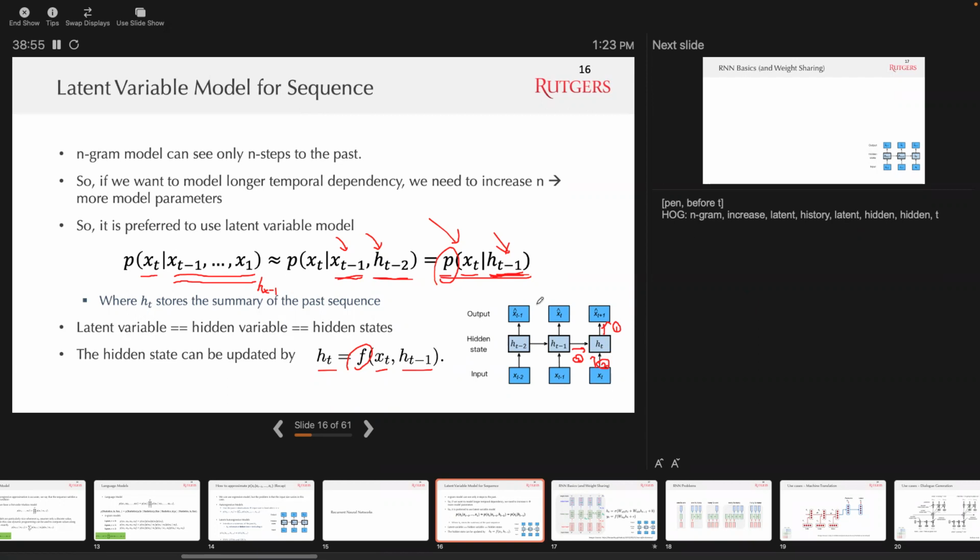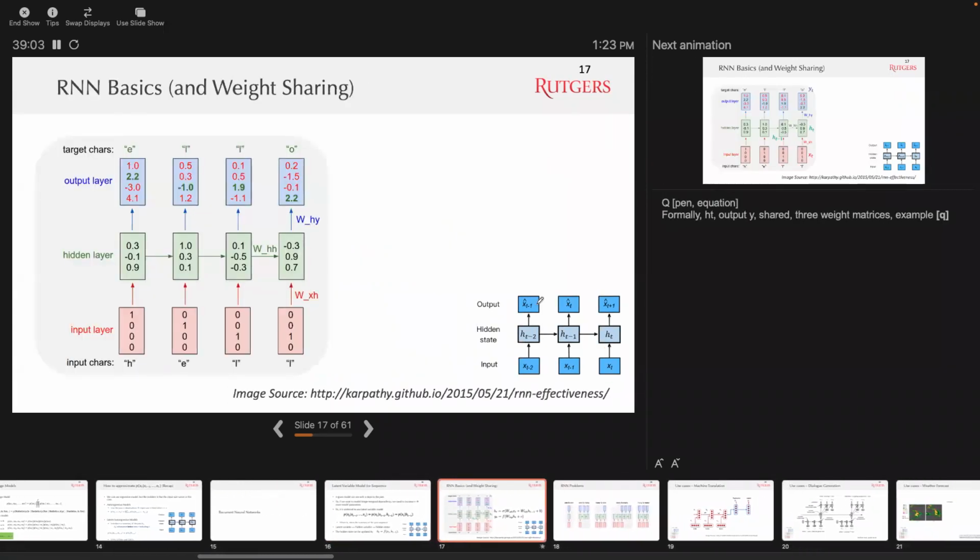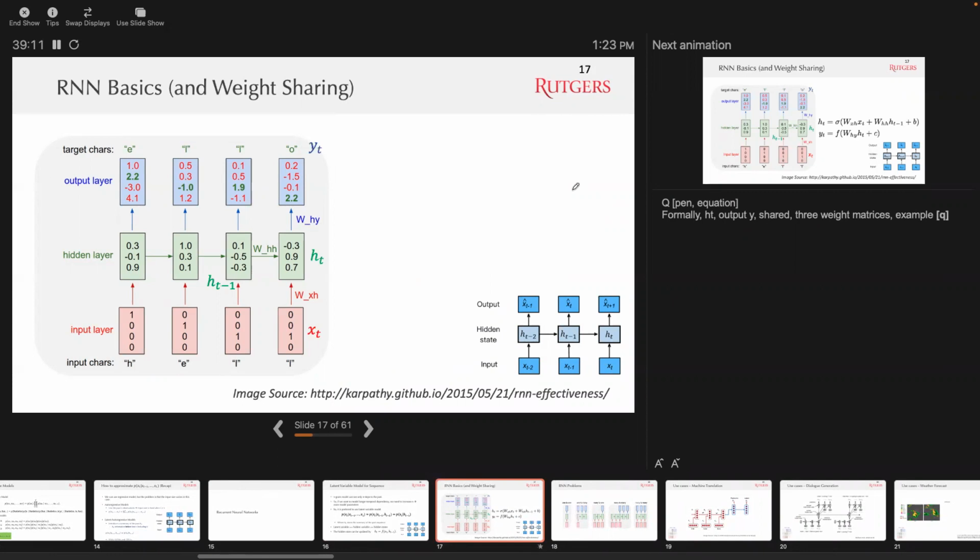This is the high-level idea of a recurrent neural network. To be more concrete, a recurrent neural network looks like this. Let's also bring up the equation here. This is the input, for example x1, x2 and x3. And you have this hidden layer, which is actually the history that we mentioned: h1, h2 and h3.